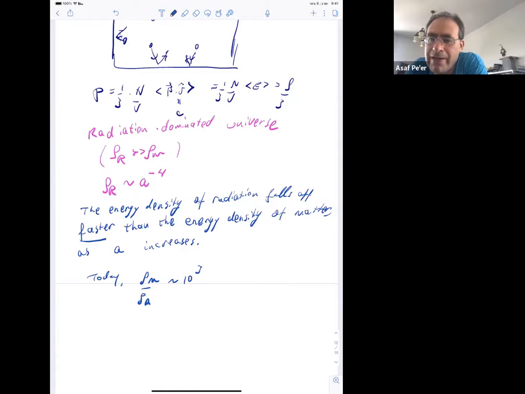Then it switched. So the universe was once radiation dominated, and then it became matter dominated.